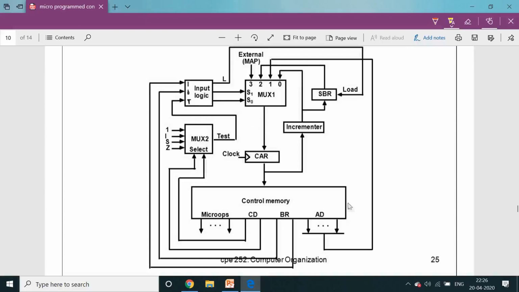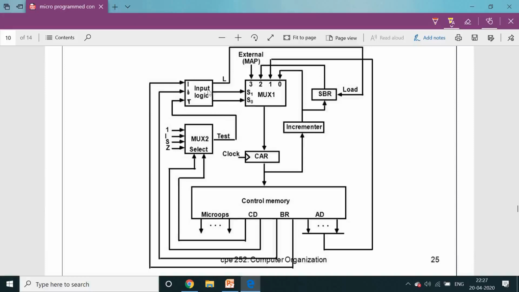Here is the complete block diagram. Observe the major blocks: the control memory, multiplexer 1 and multiplexer 2, and the control address register, incrementer, and subroutine register. Externally, from the instruction register we receive a 4-bit instruction code for mapping.